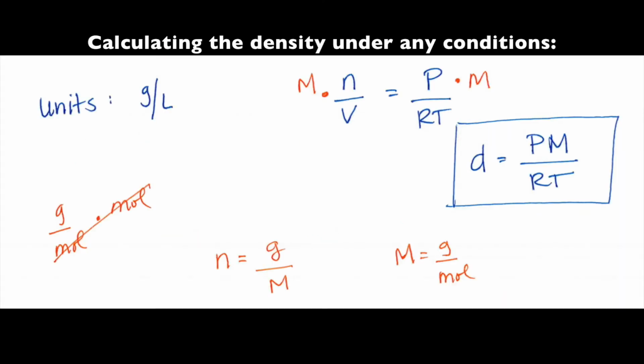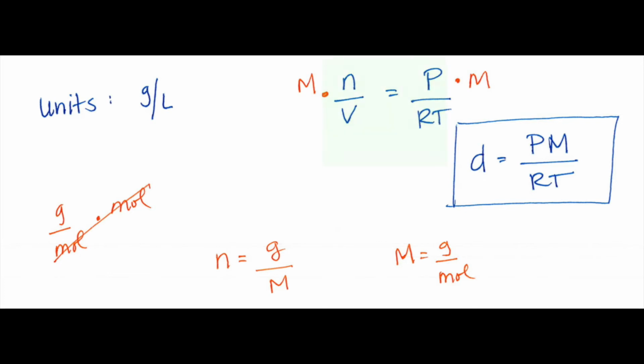So if we want to be able to calculate the density of a gas under any set of conditions, we can derive an equation using the ideal gas law. So if we rearrange the variables in the ideal gas law to have n over V set equal to P over RT. In order to calculate a density, we'll need units of grams per liter.